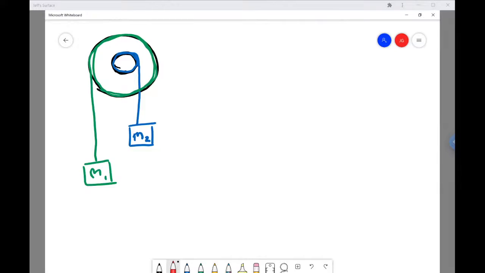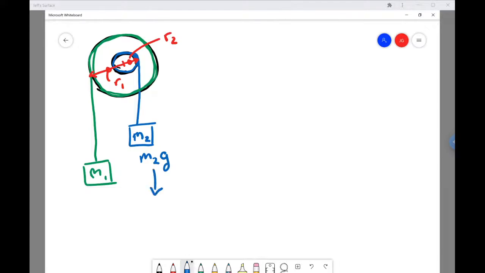So the weight of these masses, call this R2 and this distance R1. The weight of these masses are going to be their respective masses times the acceleration due to gravity.